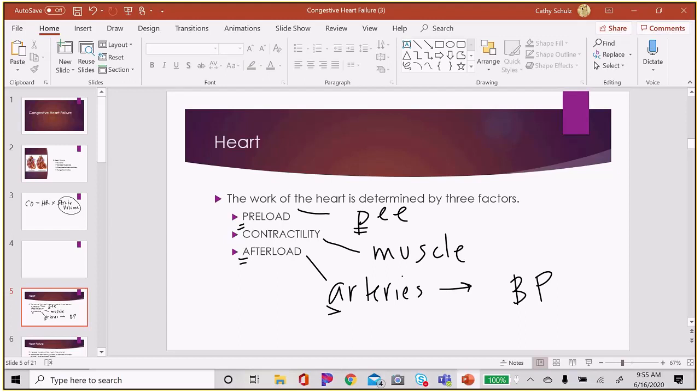It's more work, more resistance for the heart. So if our heart isn't working very well, the pump is not very effective, then the best thing we can do is make it easier for the heart to work by trying to get rid of extra fluid and by bringing the blood pressure down and by trying to get the muscles to contract better.